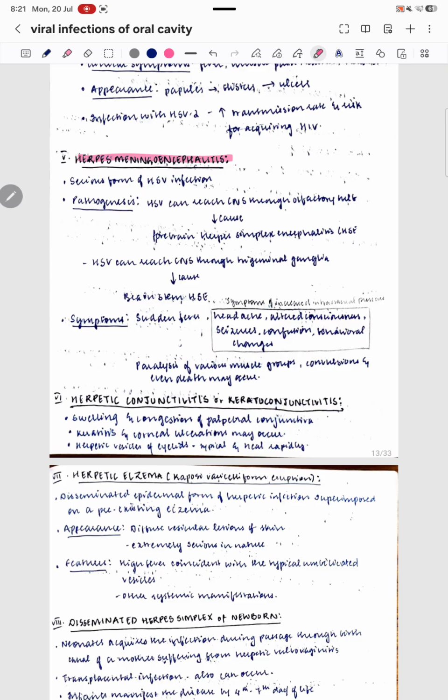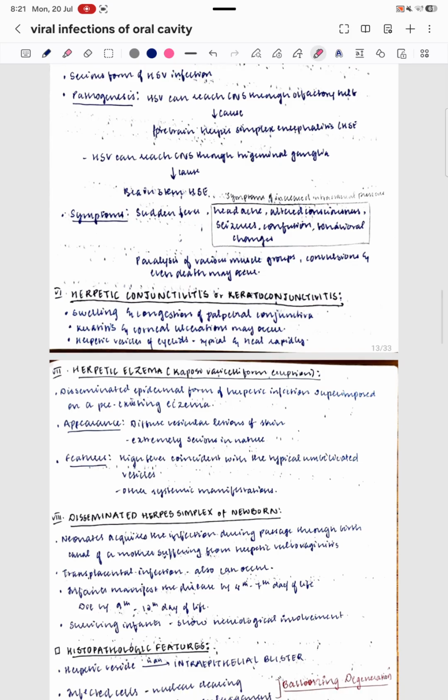So what is this? That is the sudden symptoms of fever, headache, altered consciousness, seizures, confusion, and brain changes. Okay, so paralysis of various muscles, convulsions, and even death may occur. Okay, so this is the most severe form.